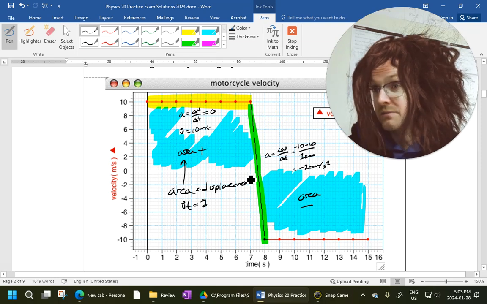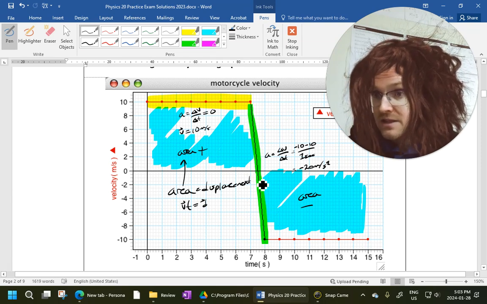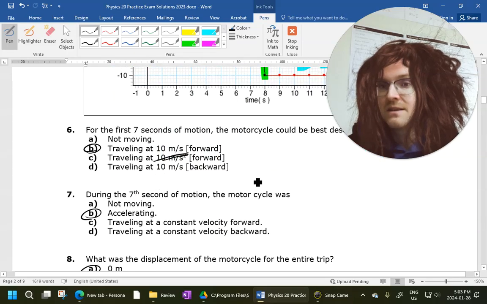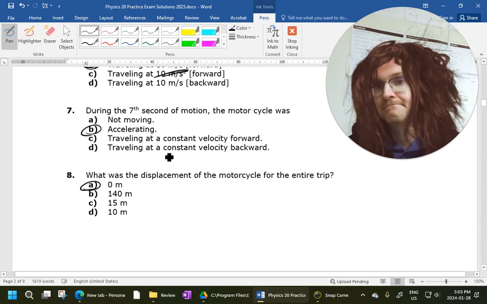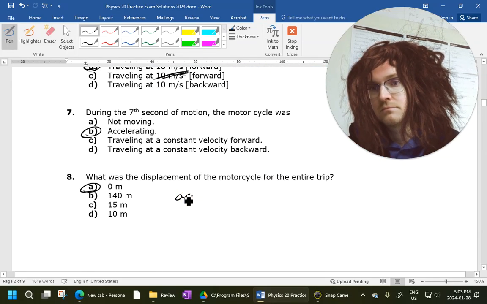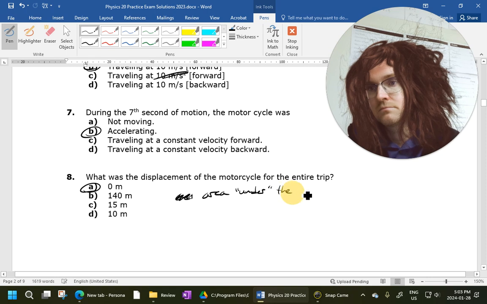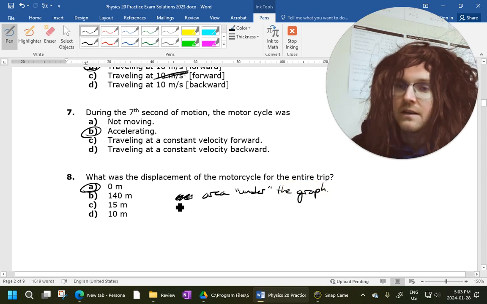Looking pretty good. The little triangles are the same top and bottom, so they'll add up to 0. Area under the graph.